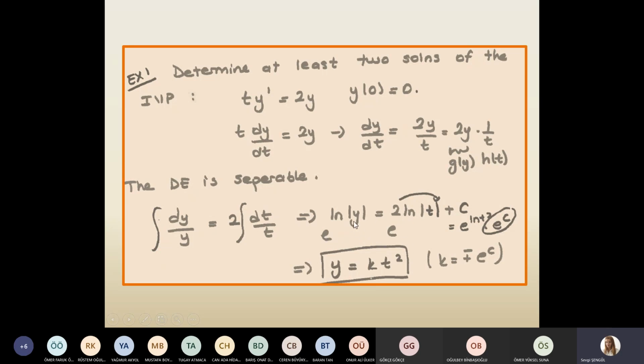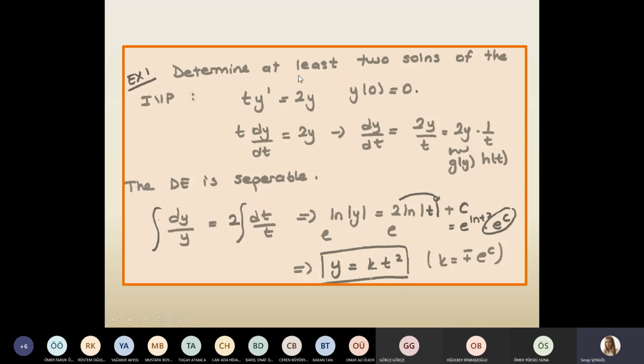And what we have is just y, e to the ln is going to simplify each other. We have only y on left, and on right we have e to the ln t squared, e and ln is gone. We have only t squared, and e to the c you can just say some constant k, okay? So as a solution you have y equals kt squared.